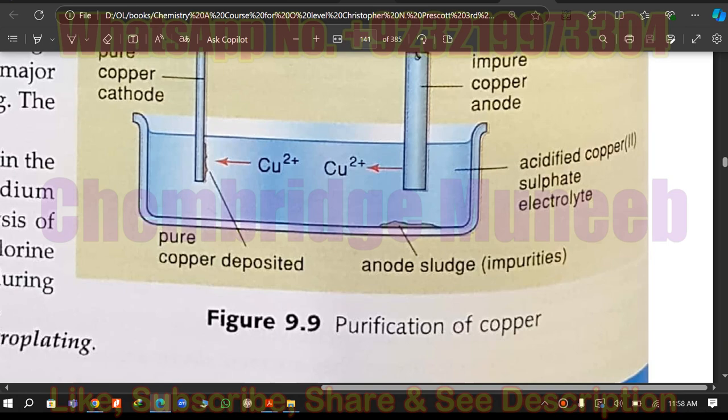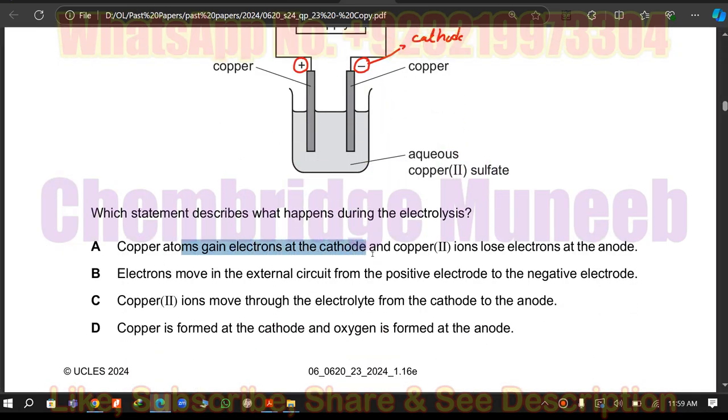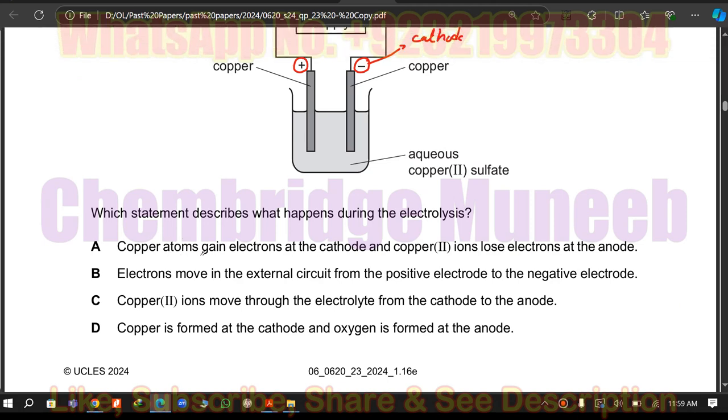Now we have to go back to the question. It says that copper atoms gain electrons at the cathode and copper ions lose electrons at the anode. It is clearly incorrect, because at the cathode the copper ions gain the electrons, not the atoms, and at the anode the copper ions are formed by losing electrons, not gaining them.